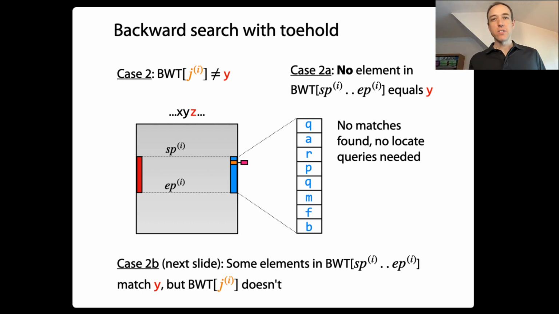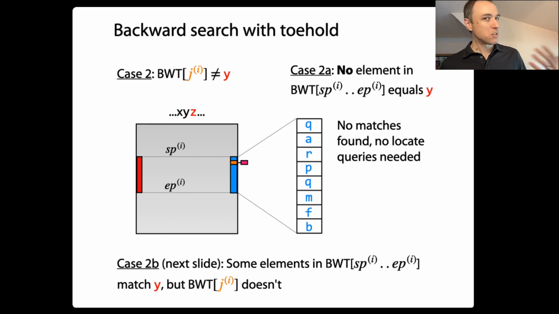Well, that case is actually kind of vacuously easy, in the sense that our next range will be empty and our search will have ended and there won't be any matches, right? So there's no more work to do. We failed to match the pattern. There's no locate queries to do. So that's the case where none of the characters in our range managed to match the next character in the pattern.